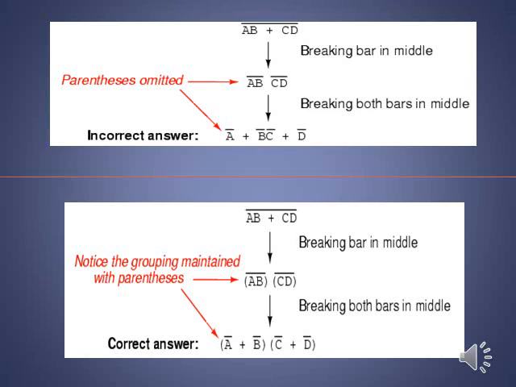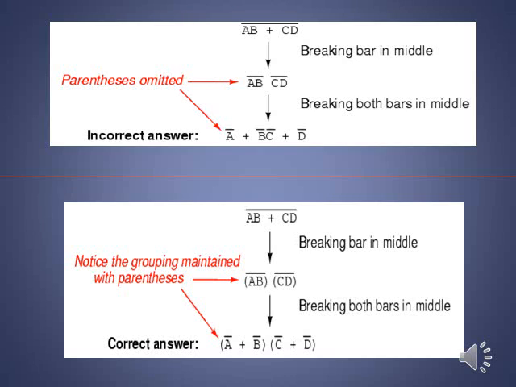In this example, we will see how carefully we should apply De Morgan's theorem, that is breaking the lines and changing the signs. Otherwise, it becomes an incorrect answer. You see here, in the first example, the expression (AB plus CD) whole bar. If you break the bar in the middle, plus becomes dot and we get (AB) whole bar dot (CD) whole bar.